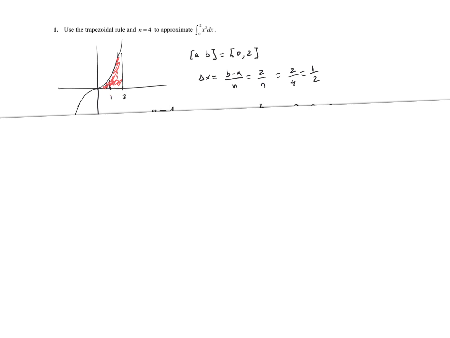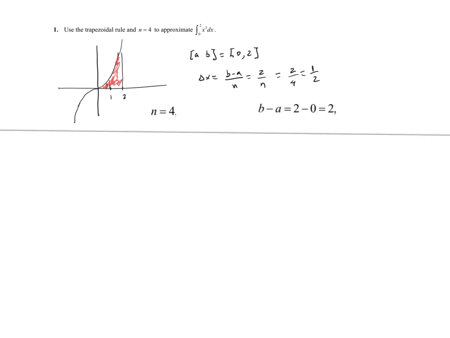So I have to evaluate the function f of 0, f of 1/2, f of 1, f of 3/2, and f of 2. And I have to evaluate and use my trapezoidal rule to find the area that is under the curve. So let's find it quickly.